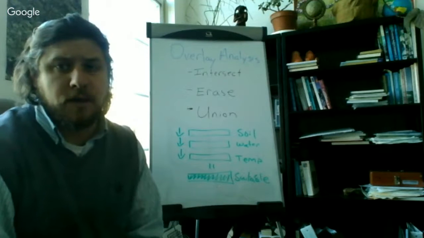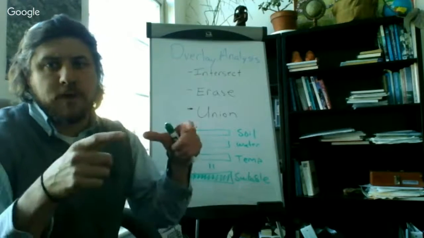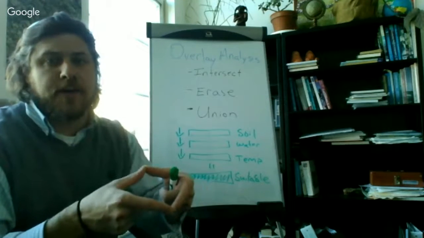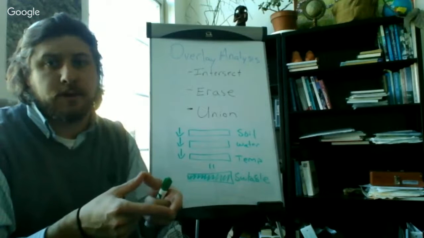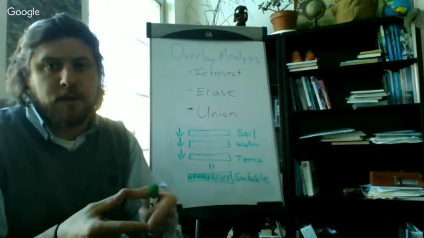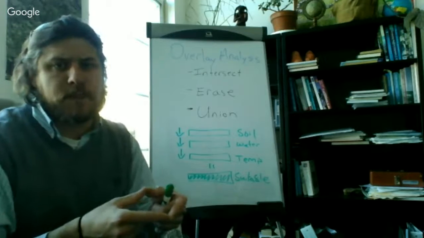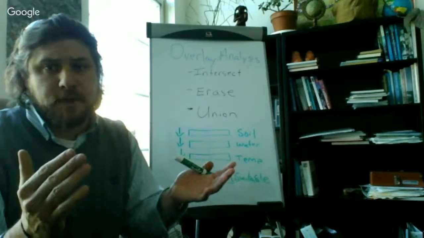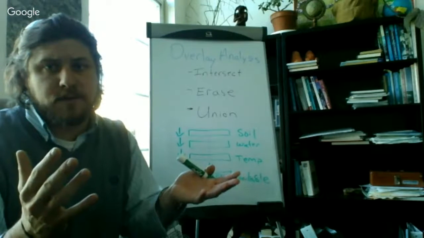They look at all of these spatial variables and try to find areas where all of the important factors occur together. That place would be referred to as the most suitable location, or the best location, to put a new Walmart.